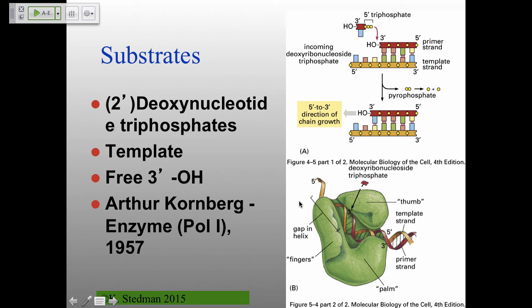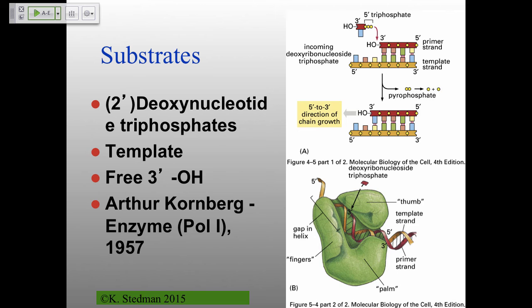Many years later, people solved the structure of these DNA polymerases, and people call these sort of hands, or a right-handed structure. So I'll try and bring my hand up over here. The idea is that you've got basically a thumb sticking up. That's supposed to be this structure here at the top.